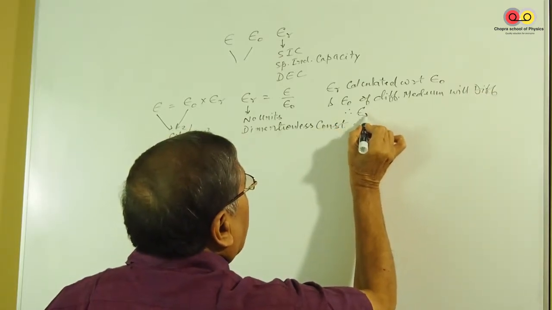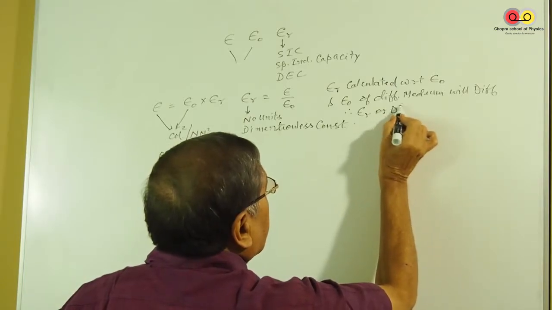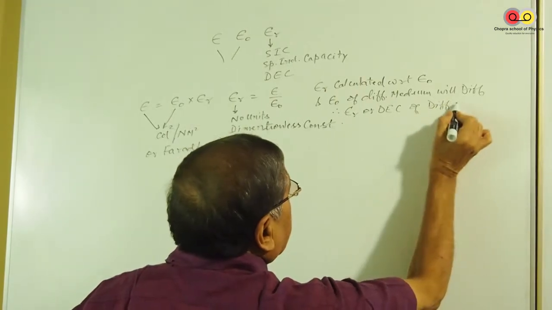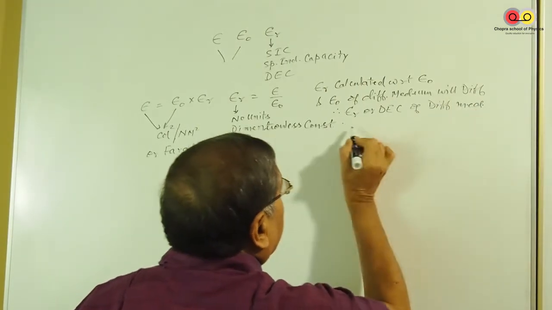Therefore, epsilon r or DEC, the dielectric constant of different mediums, will be different.